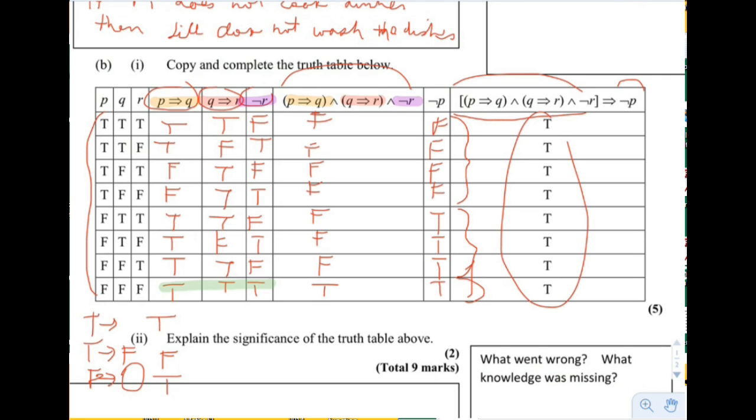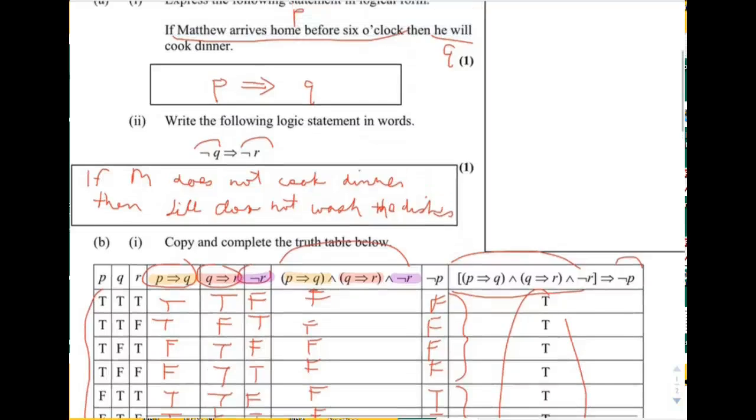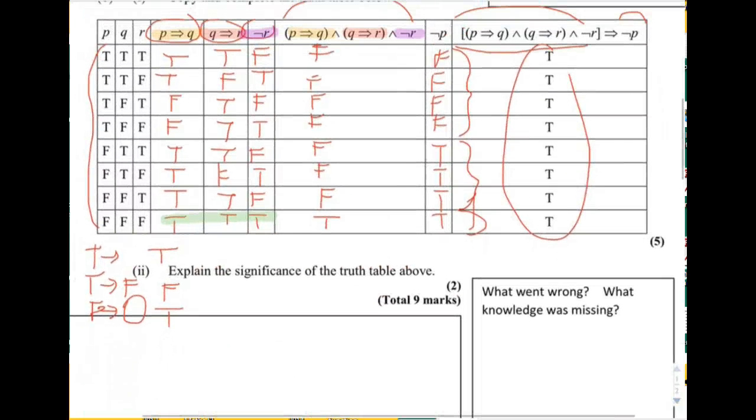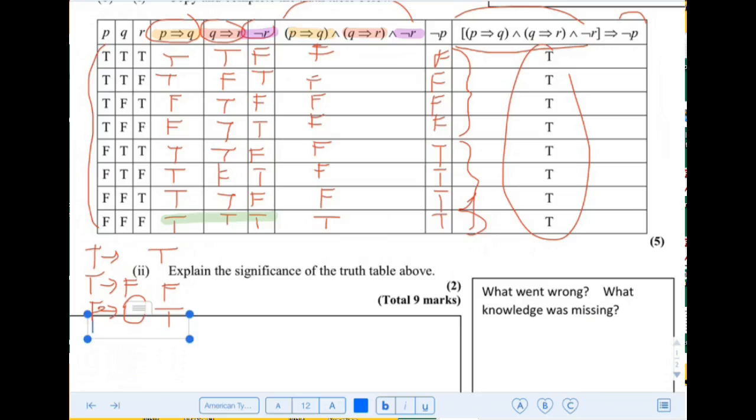Explain the significance of the truth table above. When they say explain the significance, I think they want the meaning. So what we're going to do is translate it back to words. If we look at P implies Q, that's if Matthew comes home before 6 p.m., then he cooks dinner. That's the first one, P implies Q. Then we have Q implies R. If Matt cooks dinner, then Jill washes the dishes.